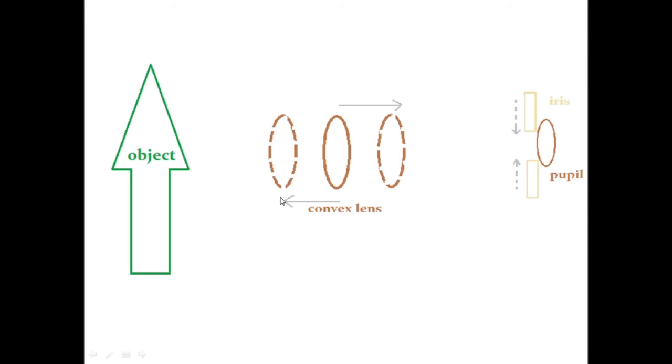If it is moved forward like this or backwards like this, I can particularly focus on one object in the scene, or if I move backward I can concentrate or focus uniformly on the entire scene. Some kind of theory will be present here. So this is the concept of convex lens.